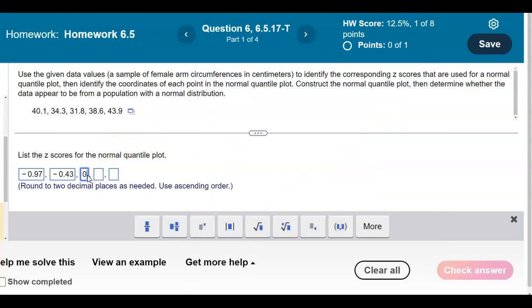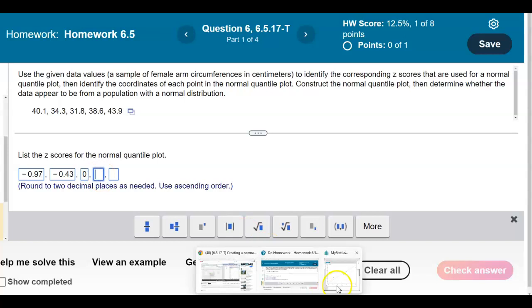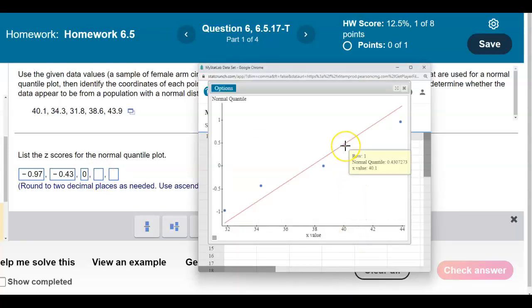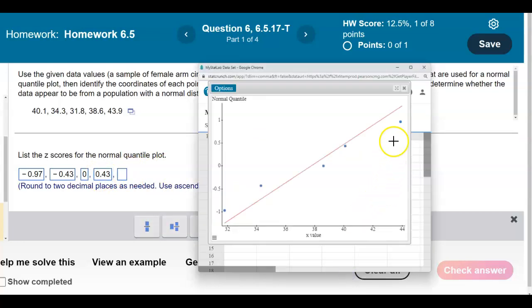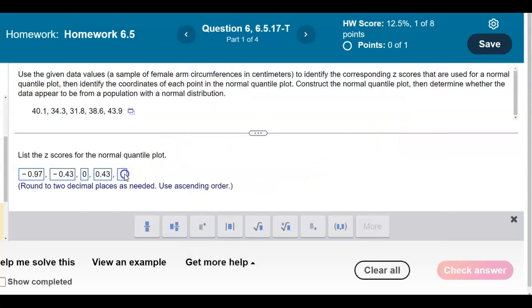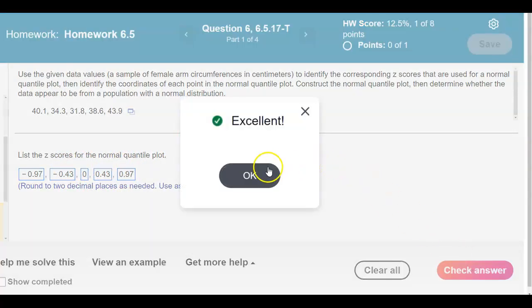Then the next z-score right here, when we highlight that, we see that it's 0.43. And then let's highlight this last point, and the z-score there is 0.97 rounded to 2 decimal places. So again, that represents the z-scores. Let's check our result, and there's our answer.